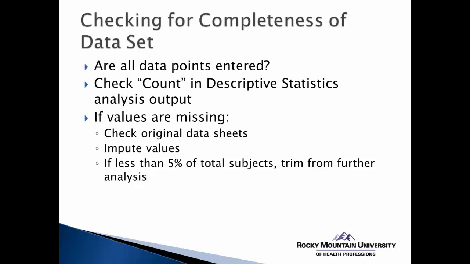And if we have several data points that are missing, and I replace those missing data points with the mean of the rest of the data points, that's going to do a couple things. First of all, it's going to change the mean of the rest of the data set, and it's also going to make my standard deviation more narrow.